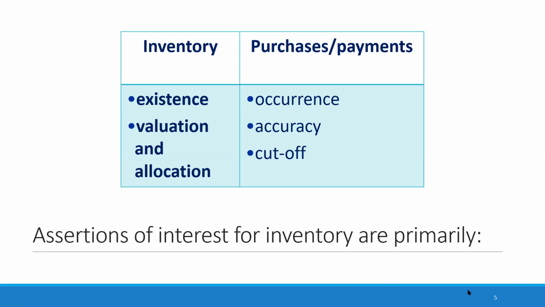And in auditing, when you're auditing inventory in terms of existence, you think about two types of existence. One is accounting existence. The other is physical existence, right? And the accounting and physical existence should be consistent with each other.